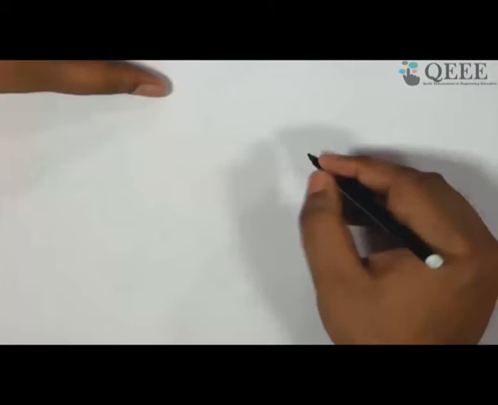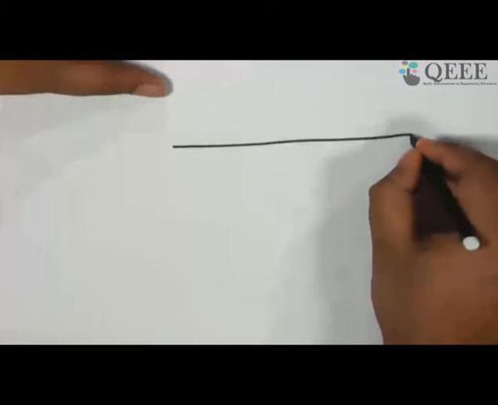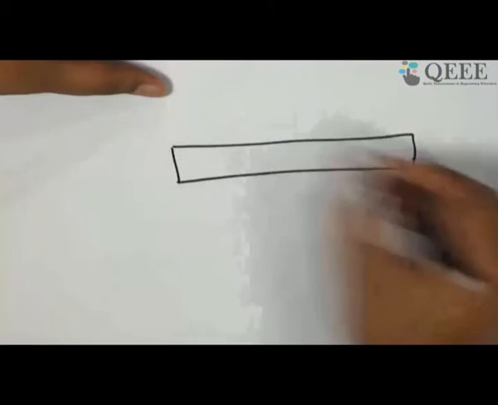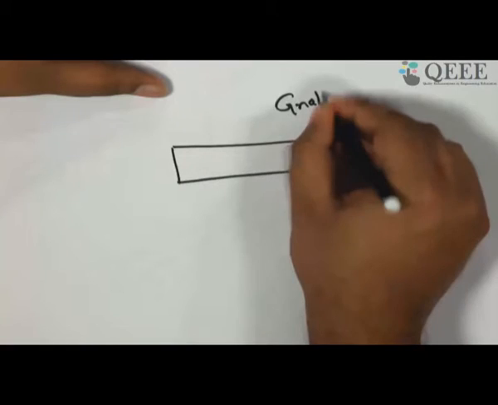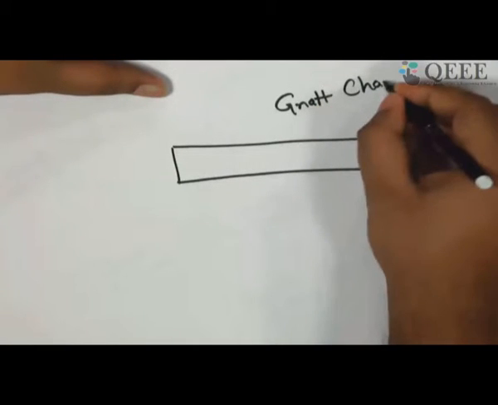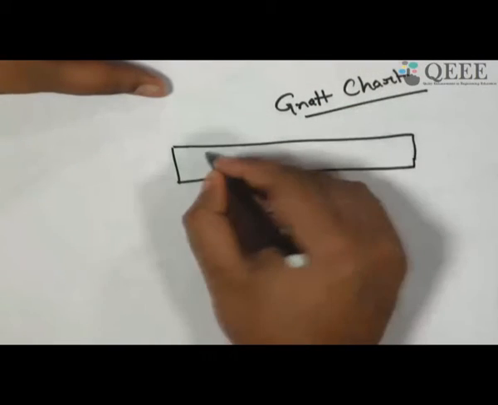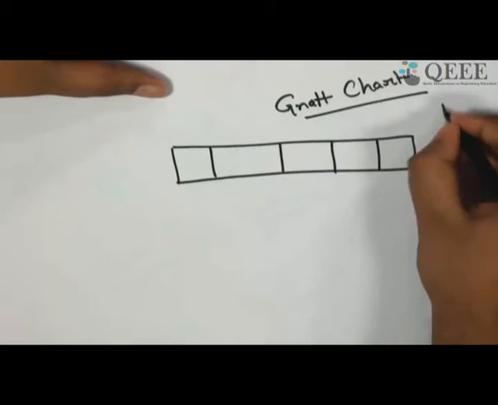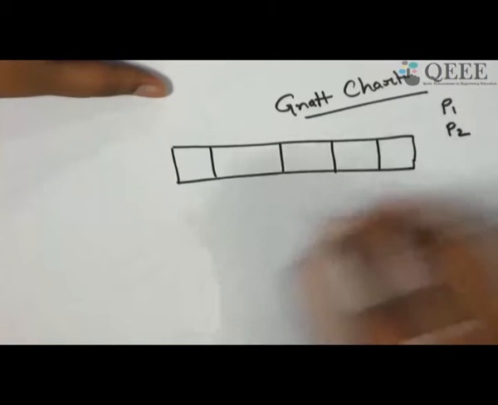Assume that we execute processes one after another, and we draw them in the form of a chart which we call a Gantt chart. We will come to this concept. Assume that we have two processes running, P1 and P2.